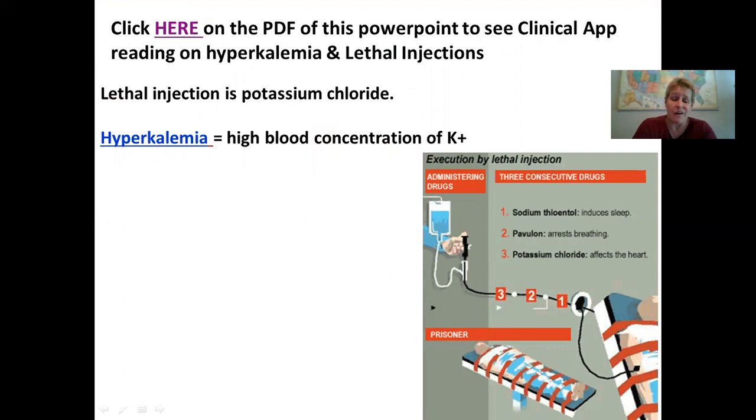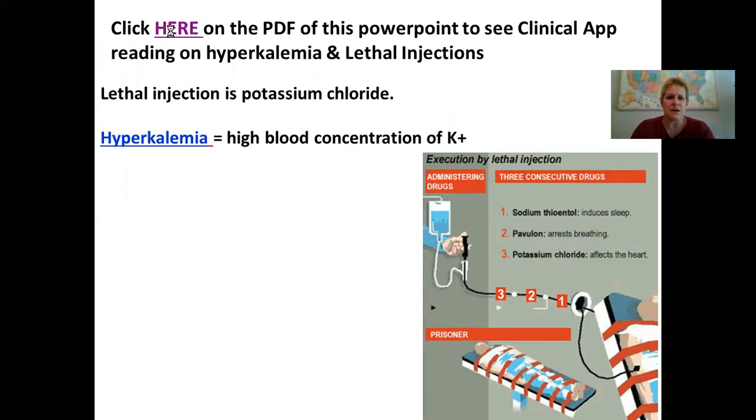Well, if you want your heart to stop, hyperkalemia is okay. So you really don't want that. So hyperkalemia is used to kill in the lethal injection of death row inmates. Okay, first they sedate them. They give something to stop breathing, and then they give potassium chloride to stop the heart. And they basically cause hyperkalemia that stops the heart.